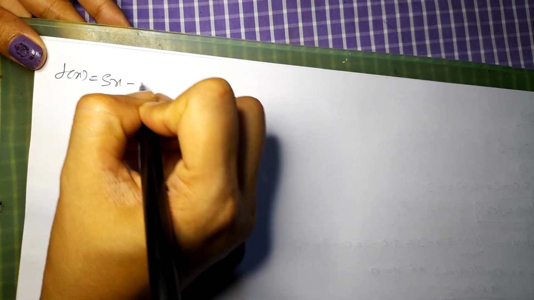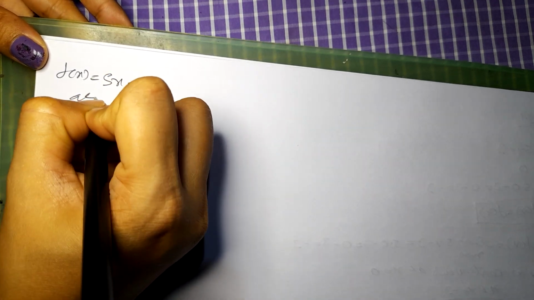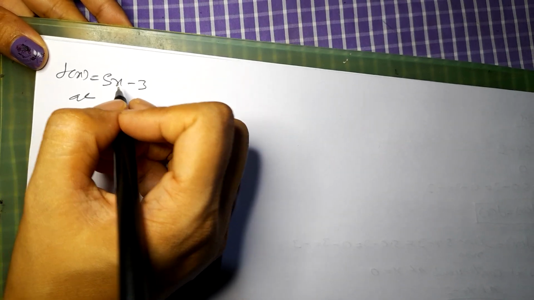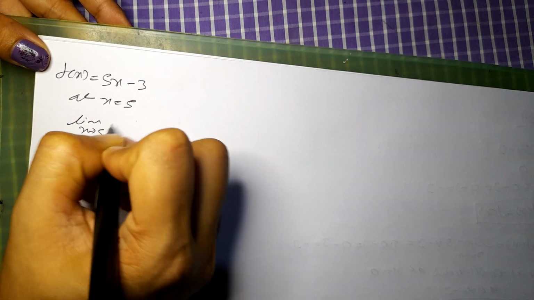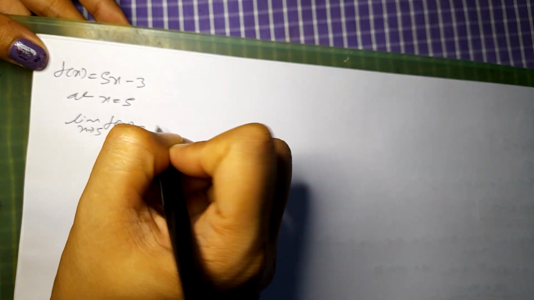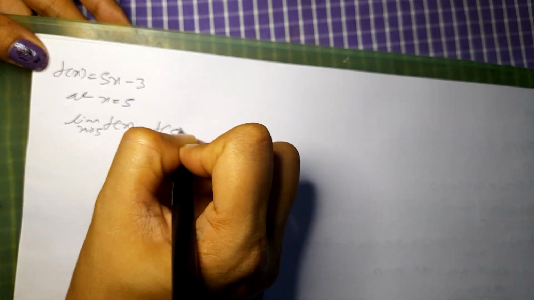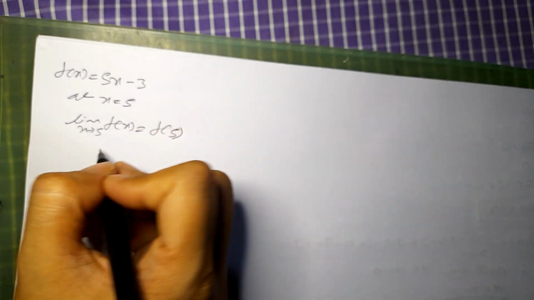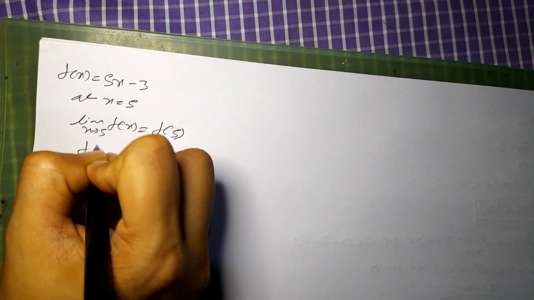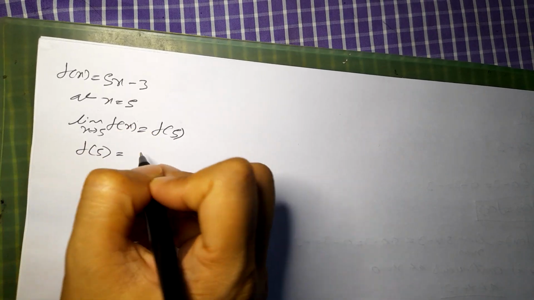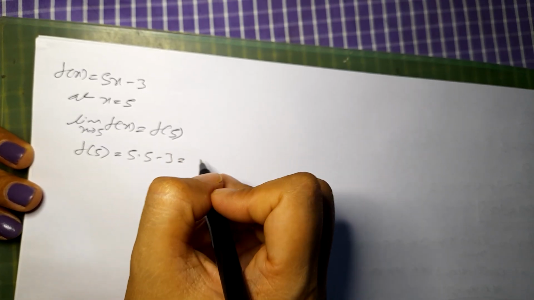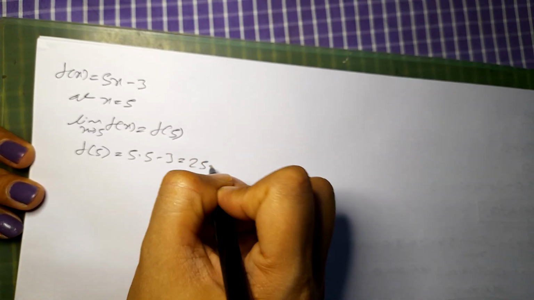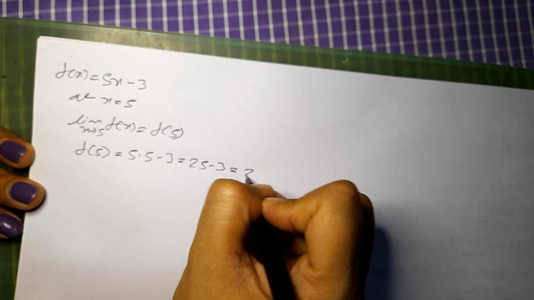We have to show limit x tends to 5, f(x) is equal to f(5). This is the target. First let's find f(5). Instead of x it will be 5, so 5 into 5 minus 3. 5 5s are 25 minus 3, so it will give 22.